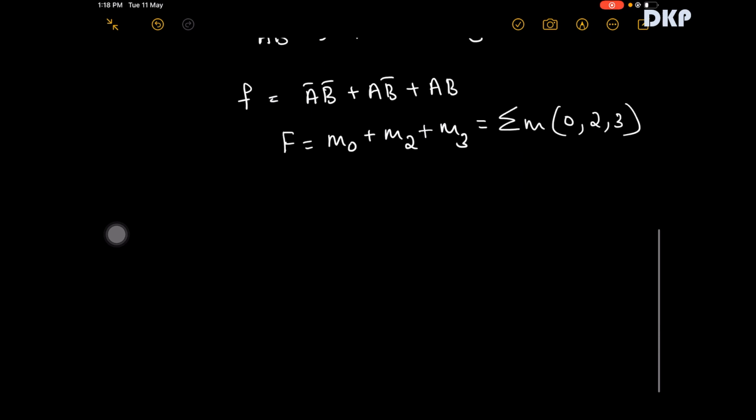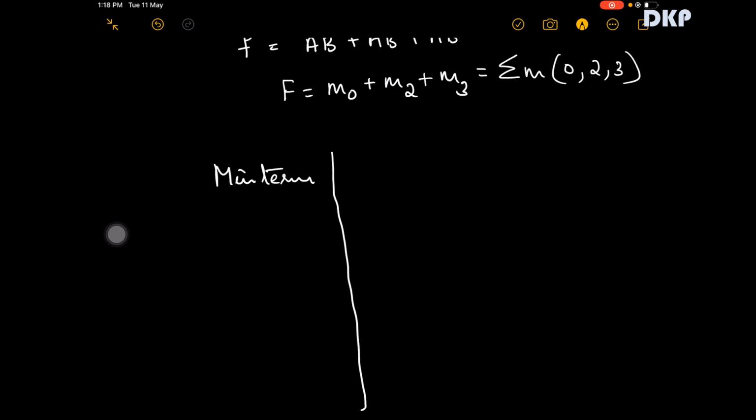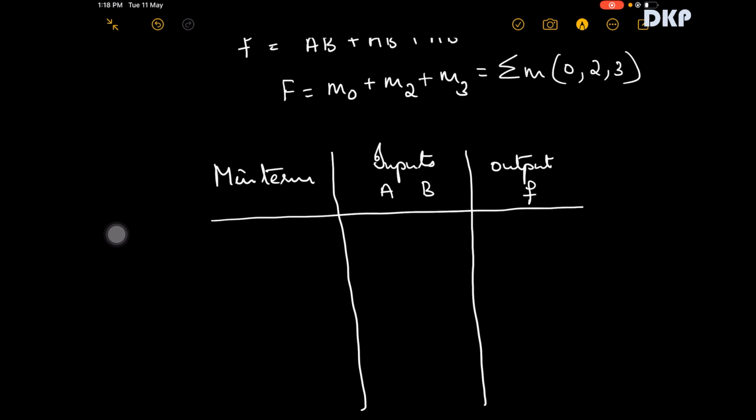Now we can represent this in a truth table. For writing the truth table, we can write the minterms in the first column, then the inputs A and B, and in the next column you can write the output. So which are the minterms here? 0, 1, 2 and 3 are the minterms, and the 4 combinations of zeros and ones are the inputs 0 0, 0 1, 1 0, 1 1.